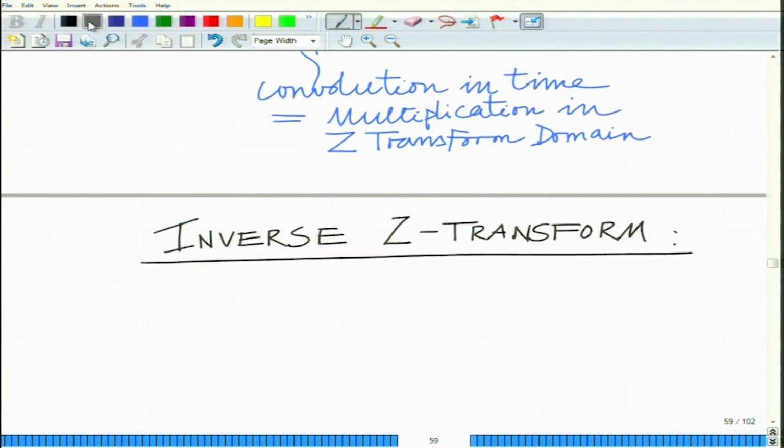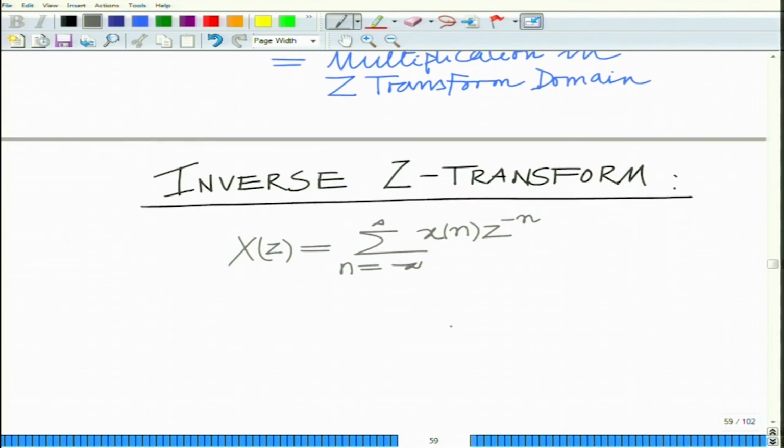So, let us say we have x z equals summation n equals minus infinity to infinity x n z raised to power of minus n. Now, one thing we can do, the simplest thing we can do, is express x z as a power series.